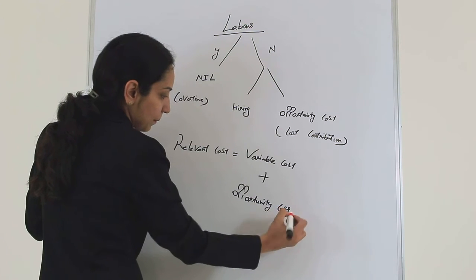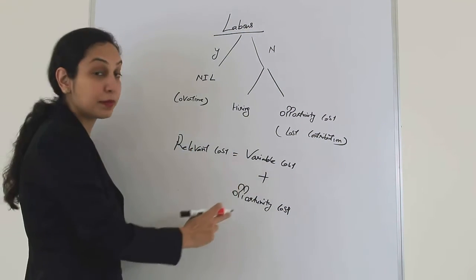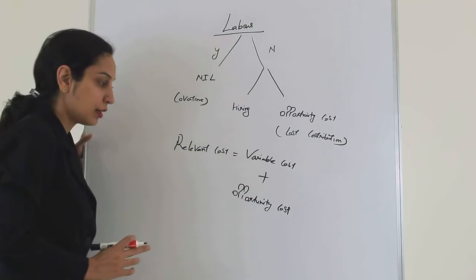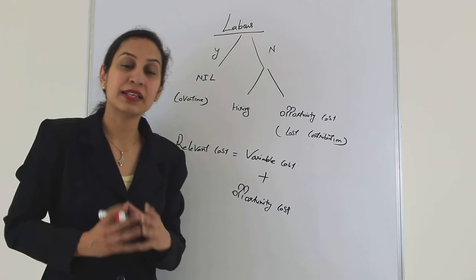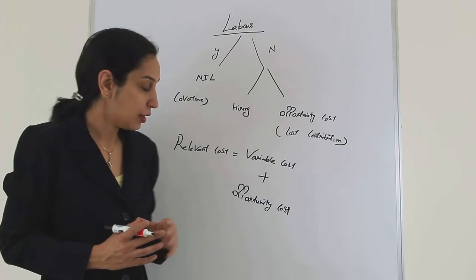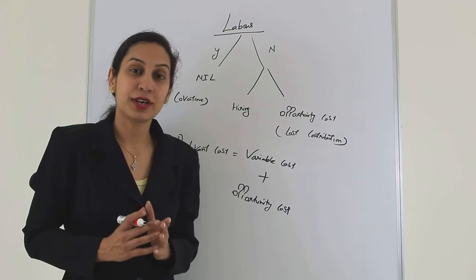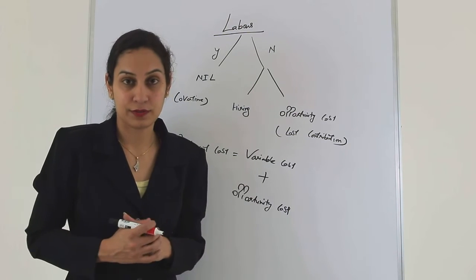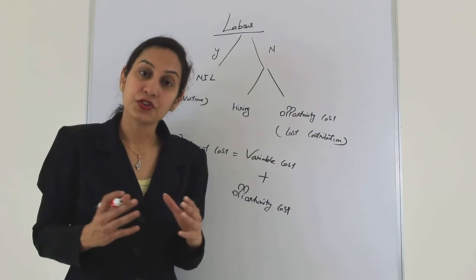I repeat, the relevant cost is equal to variable cost plus opportunity cost. Mostly the students make some silly mistakes in examination. They do consider opportunity cost, but they generally forget to consider variable cost. Not done. The relevant cost is a combination of both.